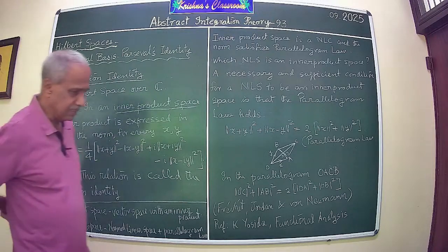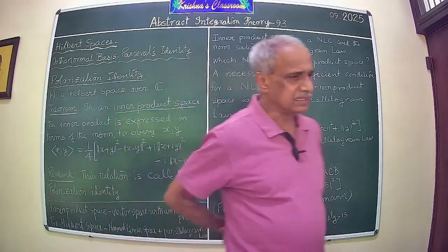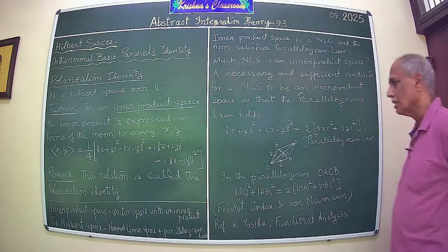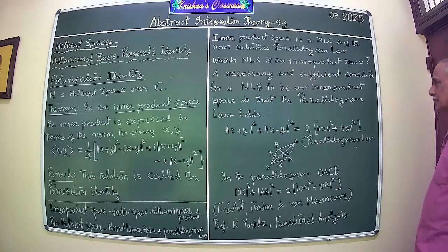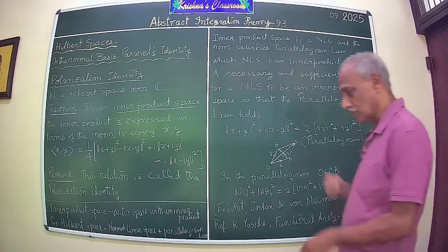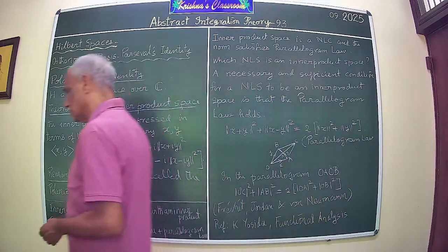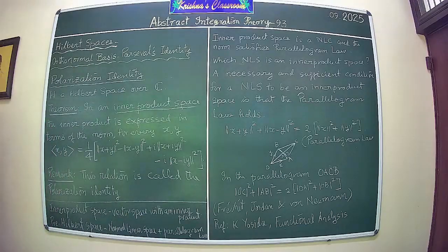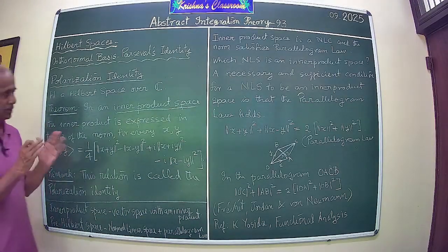Why is it difficult? Because all that we know is you are given a normed linear space satisfying a certain condition, namely the parallelogram law. So you have a normed linear space where the norm satisfies the parallelogram law.